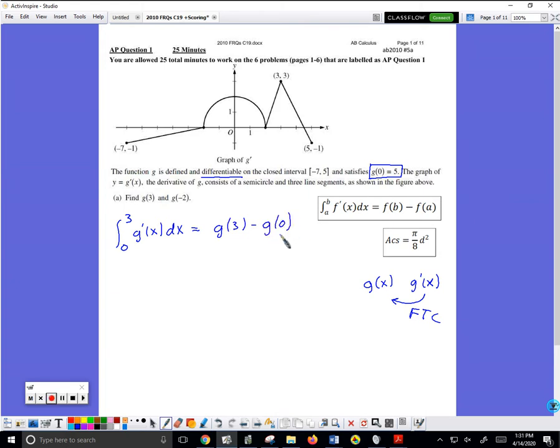Rearranging, this is 5, so I'm going to end up with g of 3 will equal 5 plus the integral from 0 to 3 of g prime.